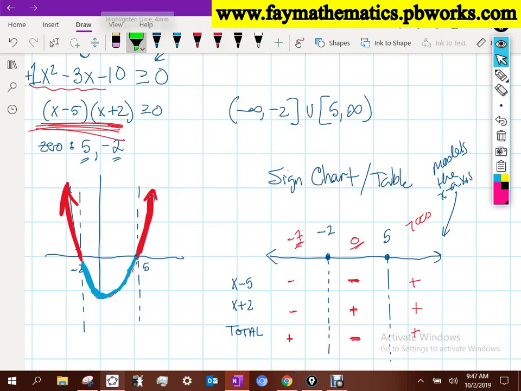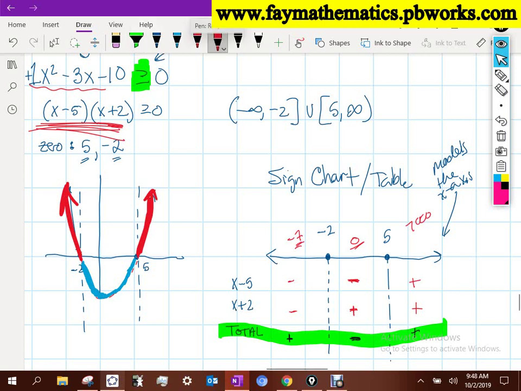So what we do next to generate our answer that mimics what's going on here in this parabola picture is that we look at this total row. And we try to remind ourselves, what were we looking for? We were looking for things that were greater than 0. So is that positive numbers or negative numbers? Positive numbers. So positive numbers are being generated from there to there and from there to there.